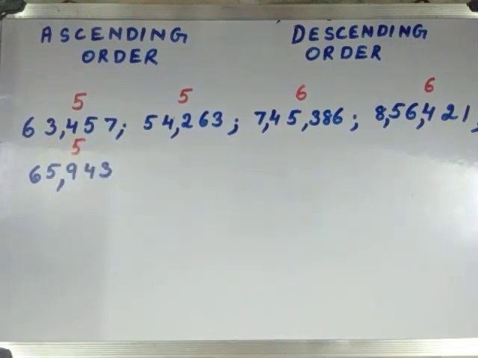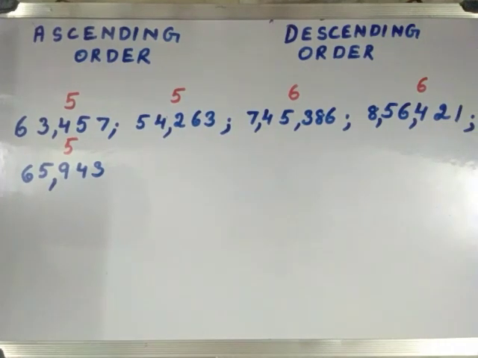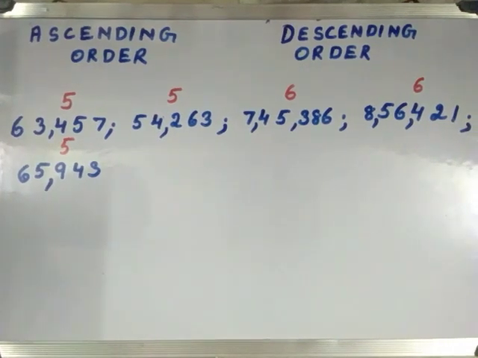Now ascending order means start from the smallest number. Here we have 5-digit numbers and 6-digit numbers. So which is the smallest? 5-digit number. Now there are 3 numbers having 5 digits.